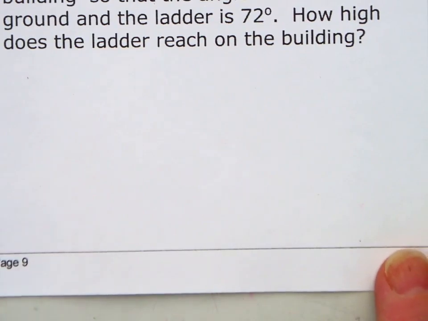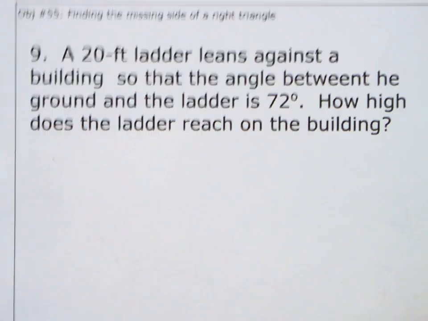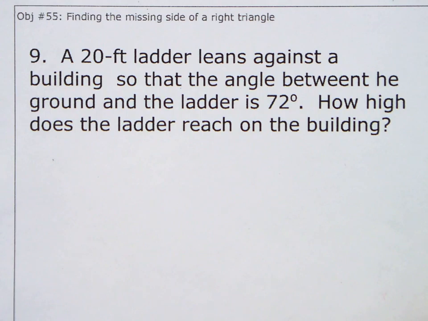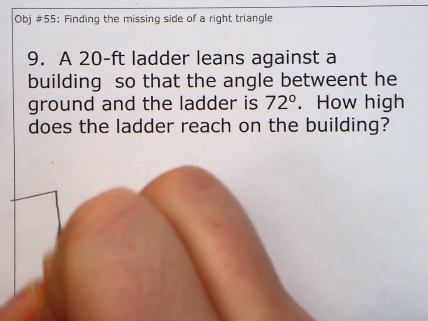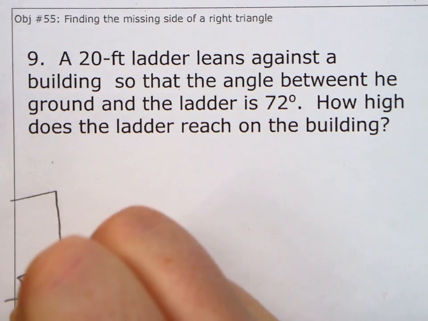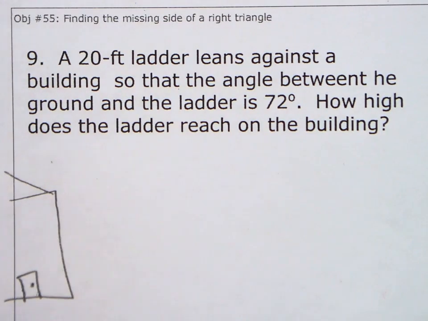All right, number 9. A 20-foot ladder leans against a building so that the angle between the ground and the ladder is 72 degrees. How high does the ladder reach up the building? All right, again, I'm going to draw. Here's my building. A 20-foot ladder leans up against the building.